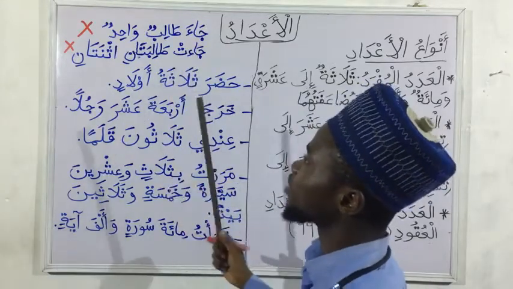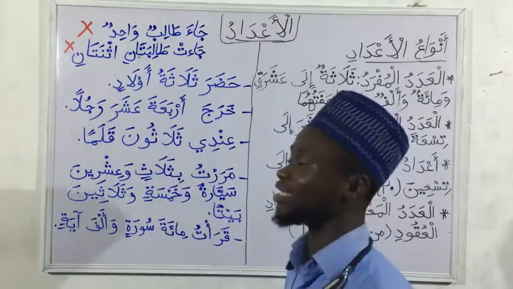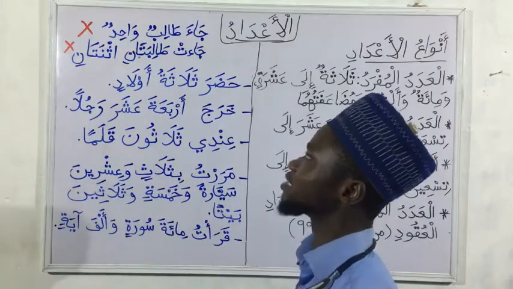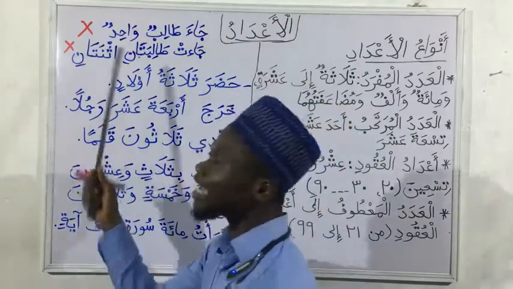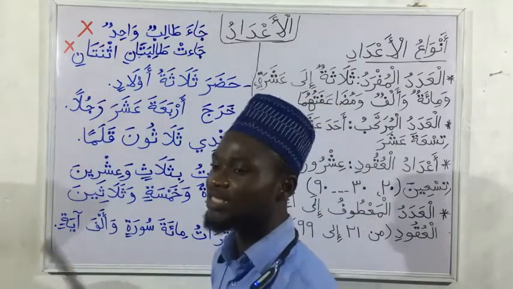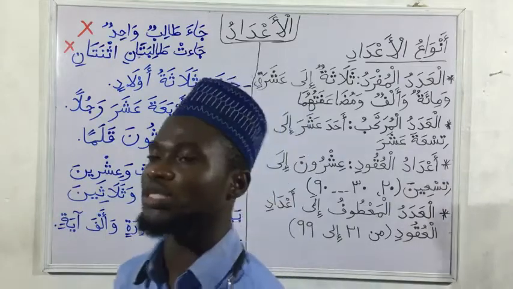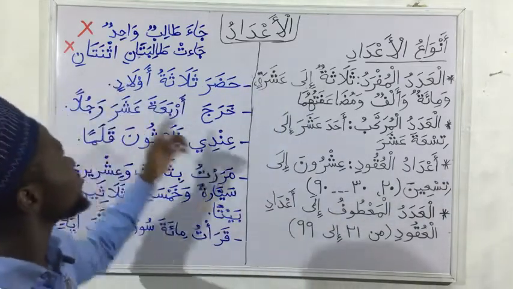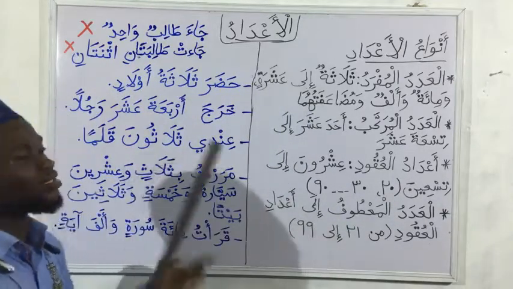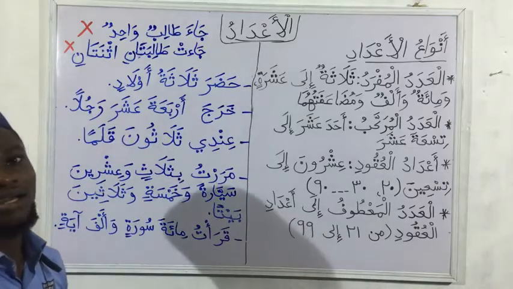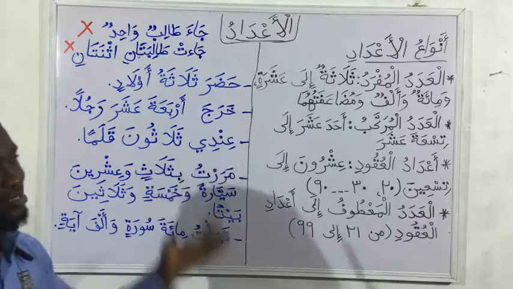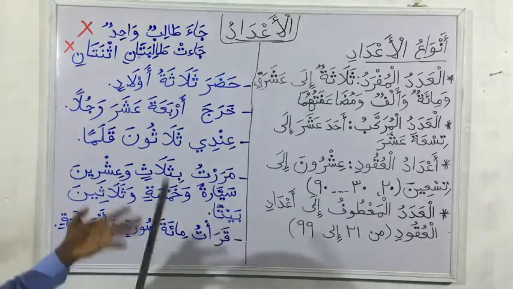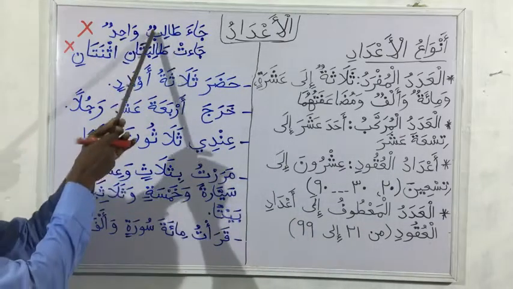Then Ja'at talibatani isnatani, two students came. The word talibatani is two students already. So adding isnatani is just an adjective, a sifa, a na't that is just describing talibatani. And you will also affirm that from the i'rab.